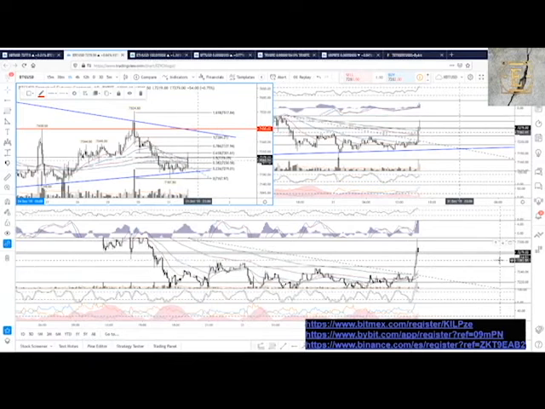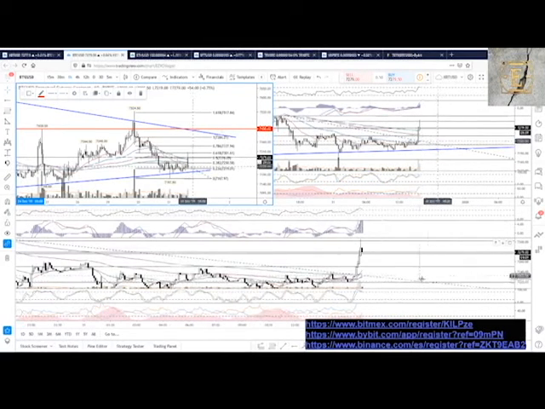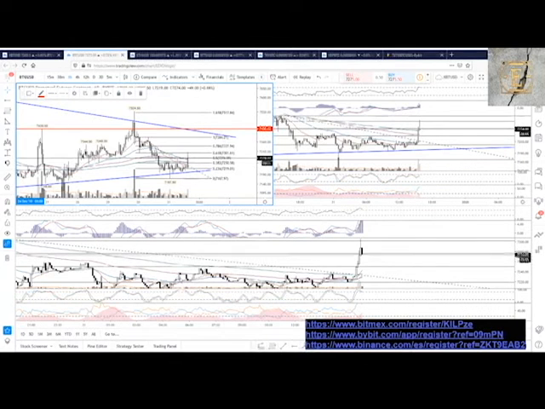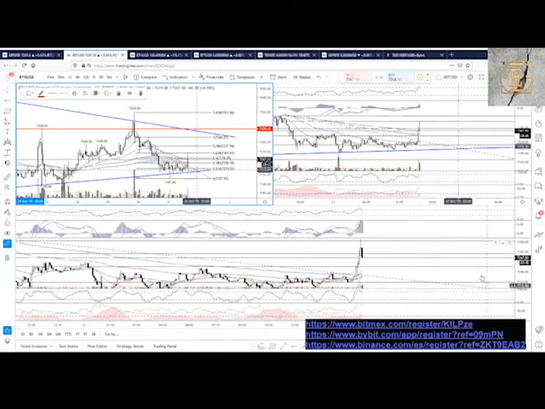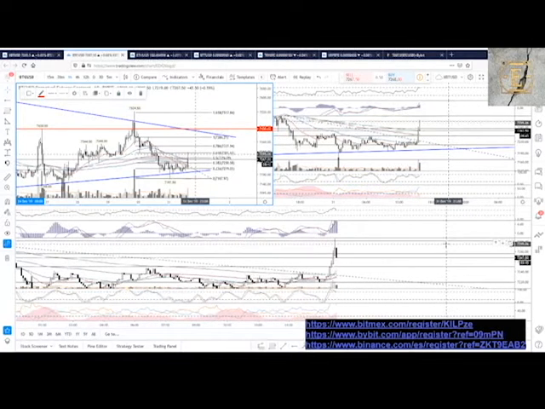Okay, reaction is happening now, but there's no volume yet. Now this is a good rejection, but bears need volume, need more volume. 15 minutes is good.